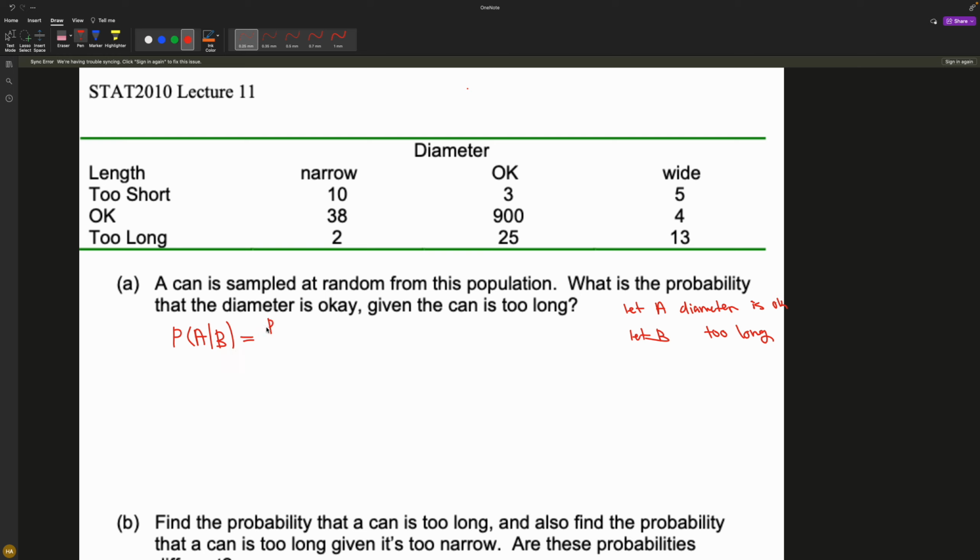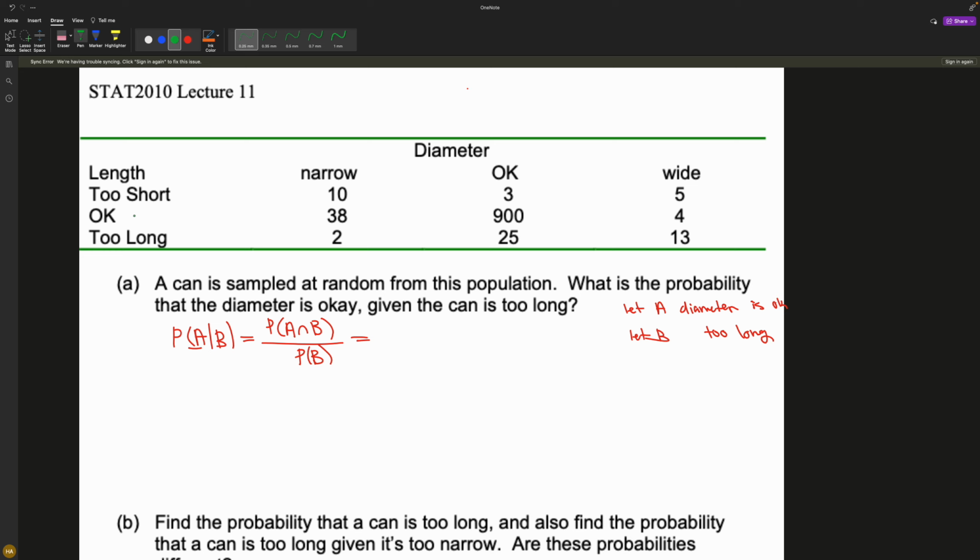So therefore, the top will always stay the same. The bottom, you want to cancel out what you don't want. Remember, I want the probability of A. So this is going to be what I don't want. Okay? And so, what is the probability of A intersect B? So, let's see. A intersect B is the probability that it's okay and it's too long.